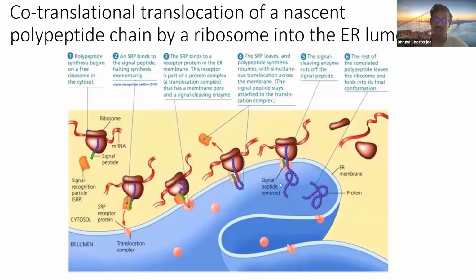Now the interesting thing is that while this co-translational translocation of the nascent polypeptide chain is happening, there are also other unique signatures, clusters of amino acid sequences, which ensure whether the protein is a transmembrane protein and needs to be integrated into the endoplasmic reticulum membrane, or whether it's a lumen protein and thus doesn't need any integration into the ER membrane and should be translocated entirely to the lumen of the ER.